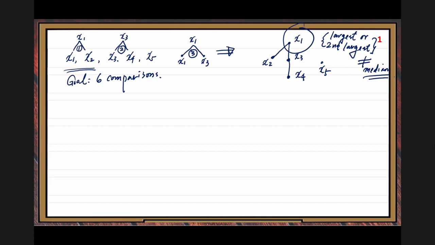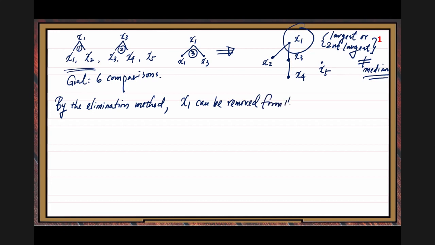So you can see how important the elimination method is. By the elimination method, x1 can be removed from consideration.